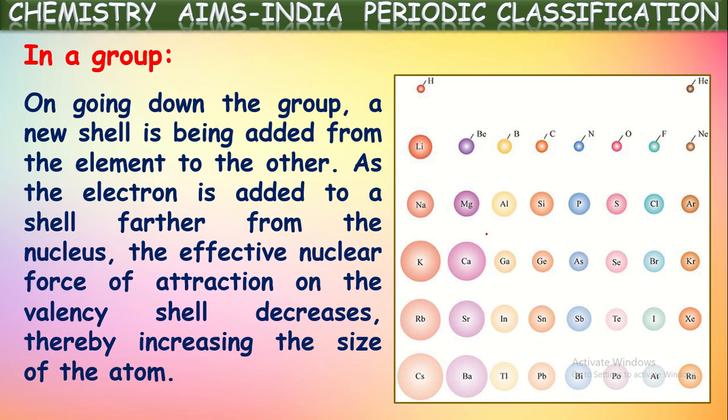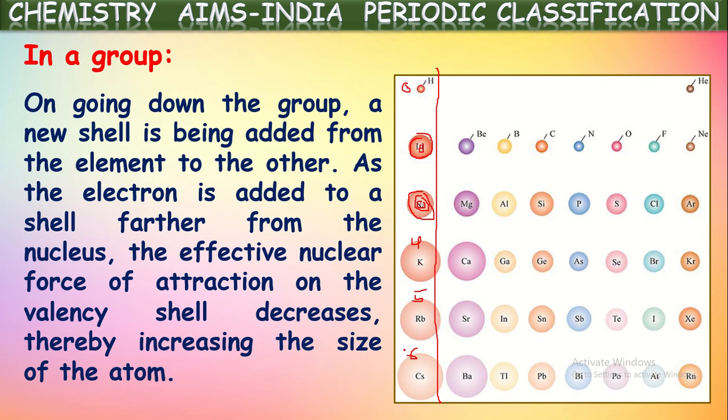See, for example, if we see first group elements, if you observe this, hydrogen has only one shell, isn't it? If you see lithium, it has two shells. Whereas sodium, if you see, it has three shells. Potassium, four shells. Rubidium, five. Cesium, six.